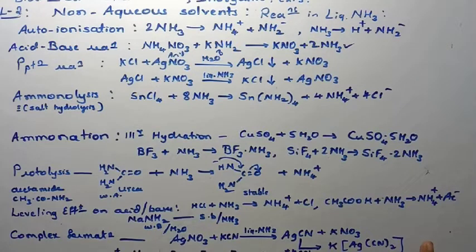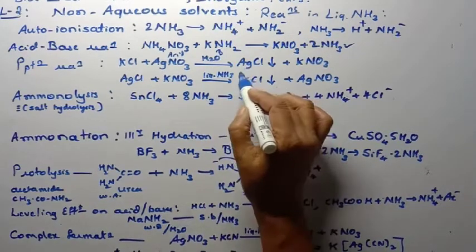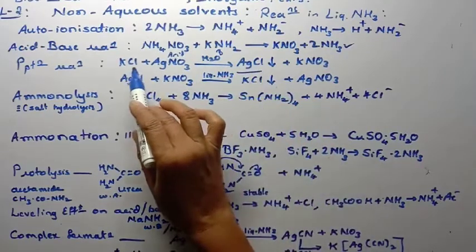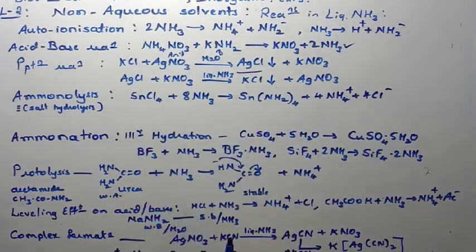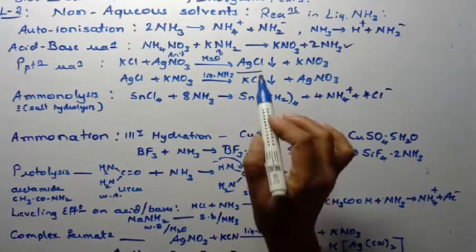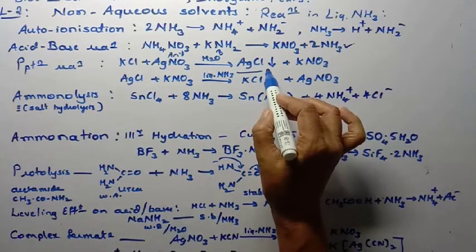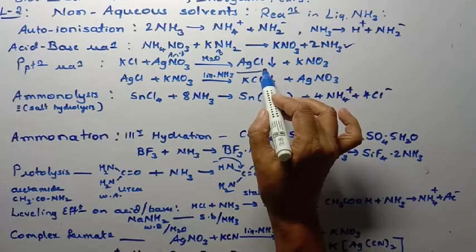Similarly, those which are insoluble in water may be soluble in liquid ammonia. For example, AgCl. You are well familiar that when KCl solution is added to silver nitrate, AgNO3 solution, and they are mixed, you get a white precipitate, that is silver chloride. You have seen it, isn't it?